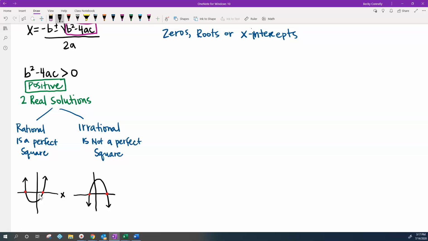All right, something else that could happen. I'll do a little squiggly line down here so we can see that this is a different case. So what if that discriminant, that b squared minus 4ac, ends up being negative, less than 0?